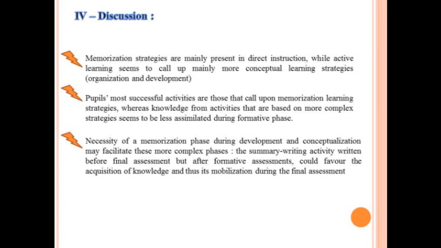This study, in addition to previous studies carried out on the subject, shows that memorization strategies are mainly present in direct instruction, while active learning seems to develop mainly more conceptual learning strategies. The pupils' most successful activities are those that call upon memorization learning strategies, whereas knowledge from activities that are based on more complex strategies seems to be less assimilated during the formative phase.